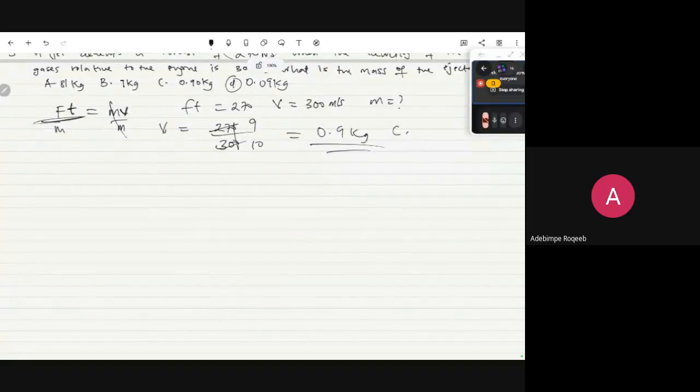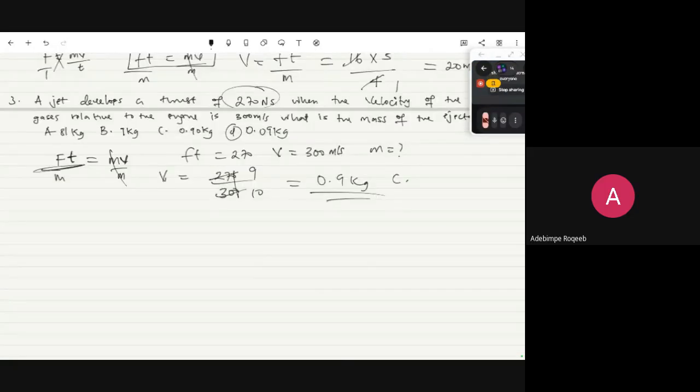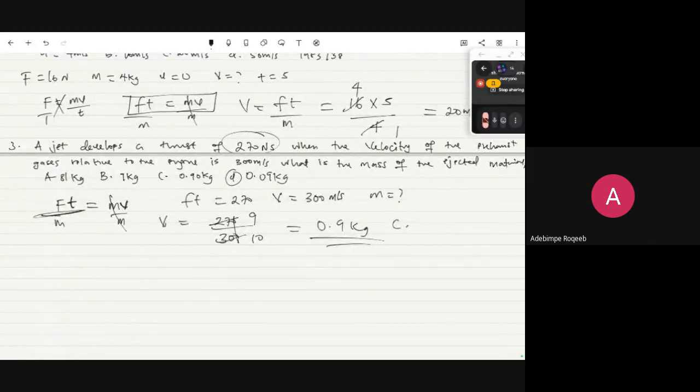Is that correct? Not clear, so the question says a jet develops a thrust of 270 Newton seconds. You see the formula F equals mv over t. If you multiply t and F together, Ft, this Ft is the 270.